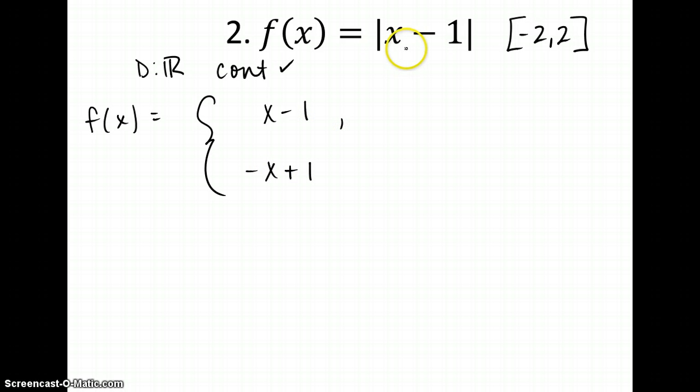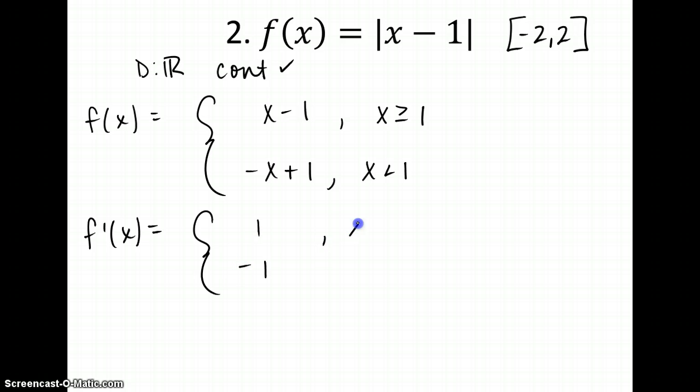The absolute value doesn't do anything if x is bigger than or equal to 1. Any number that you plug in here greater than or equal to 1, the absolute value keeps it, the number inside is the same. If you plug in a number less than 1, then the absolute value takes the opposite of what's on the inside. So the derivative is 1 and -1.